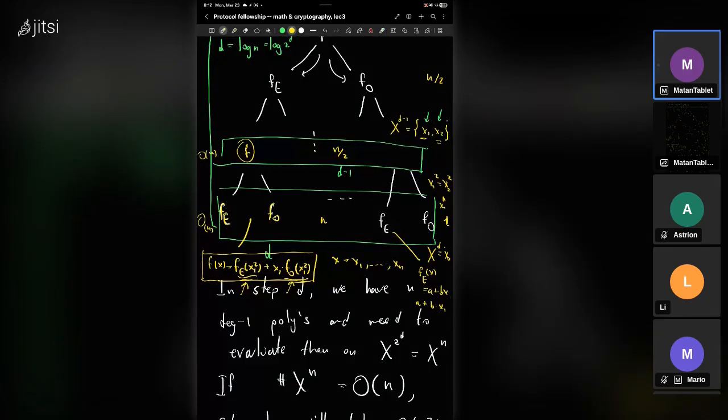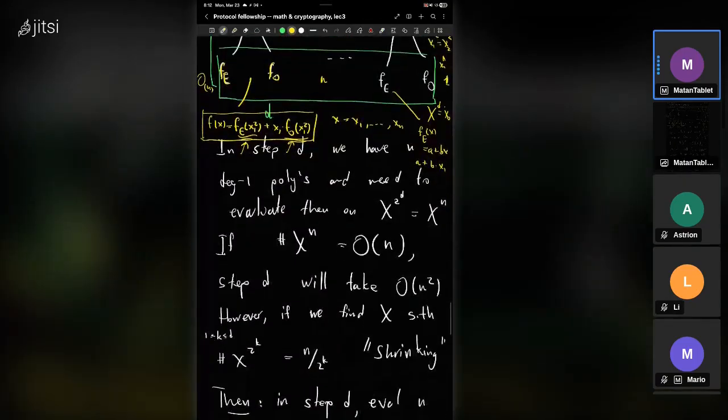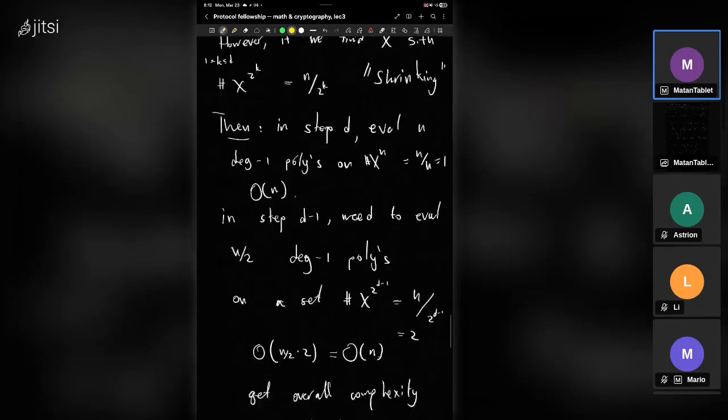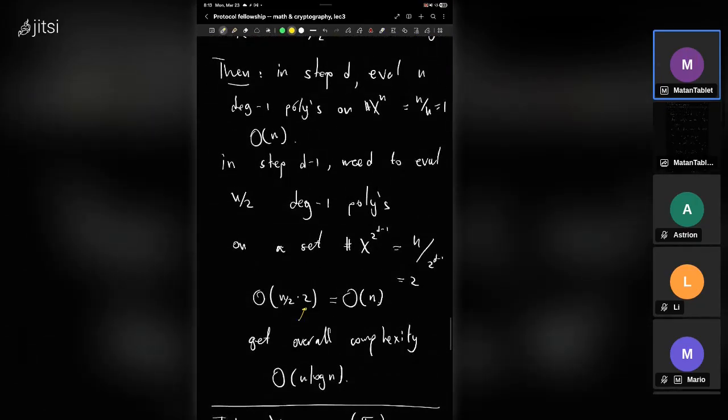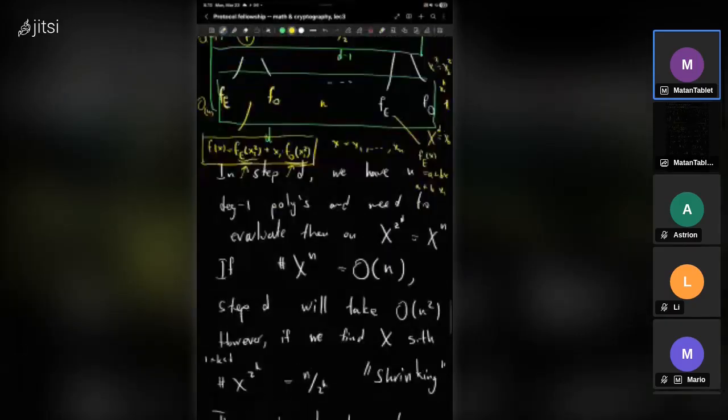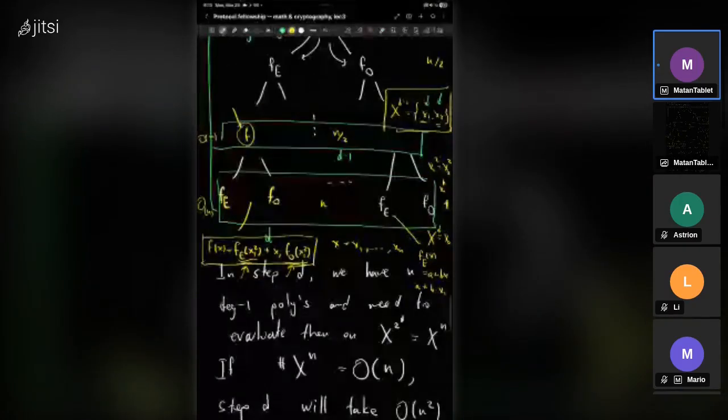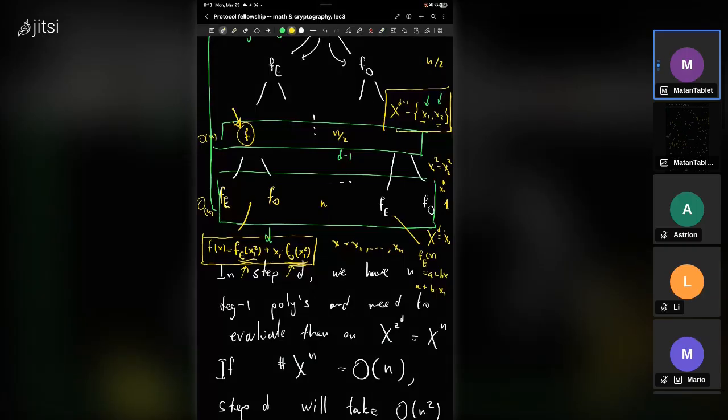How many x's do I have in my sampling set? In step D minus 1, I have two x's in my sampling set. So this is the reason for these two. I have n over 2 polynomials of degree 1 like this, and each of them I need to evaluate on 2 points, x1 and x2.